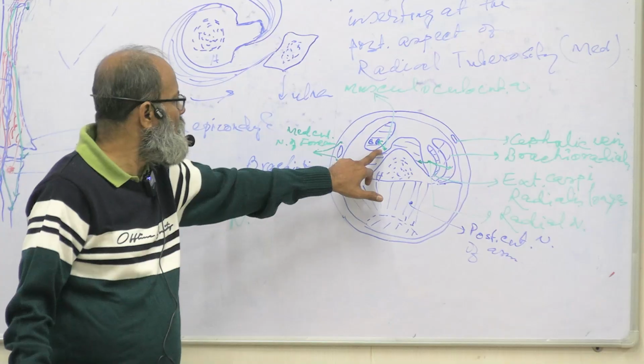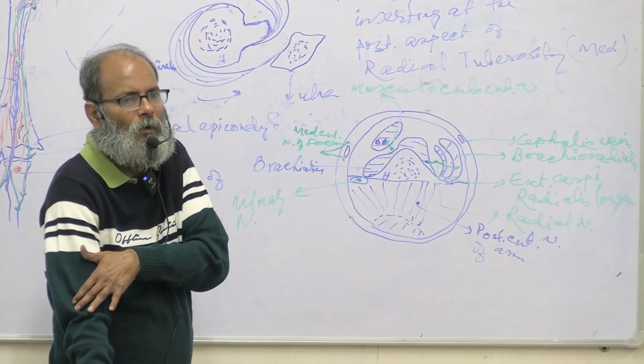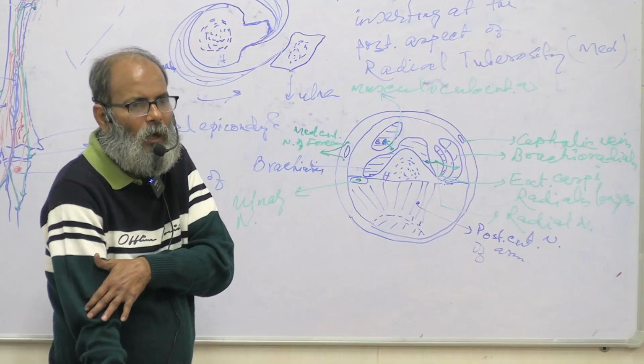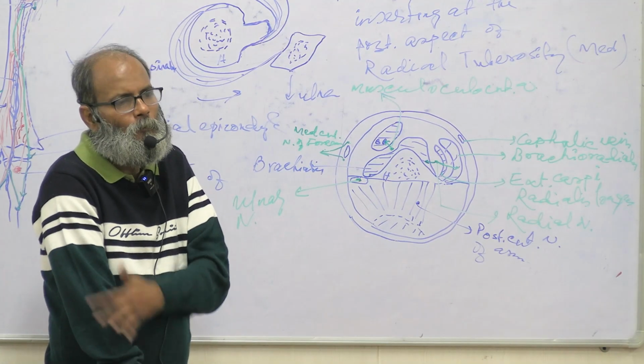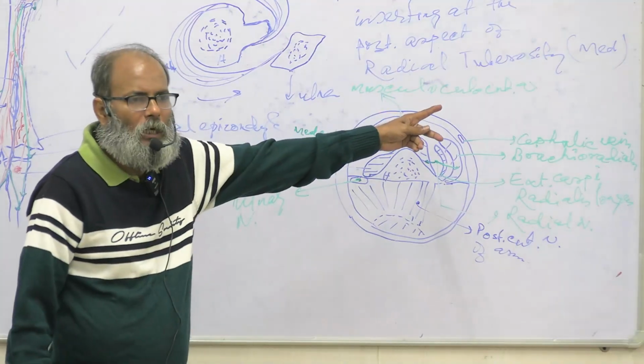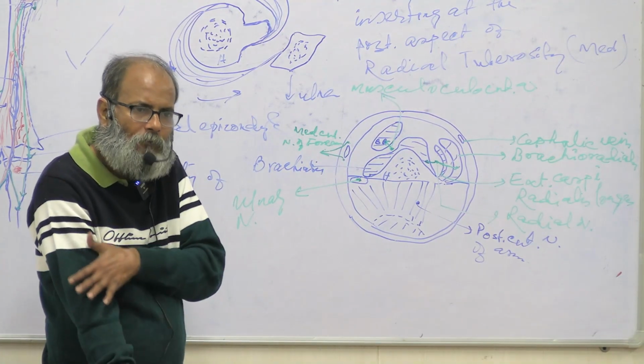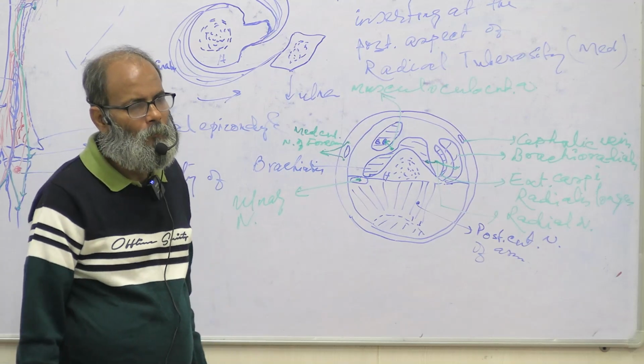And in between, the musculocutaneous nerve is passing from medial to lateral, and becoming the lateral cutaneous nerve of forearm. This musculocutaneous nerve will form the lateral cutaneous nerve of forearm after crossing the elbow joint, right?